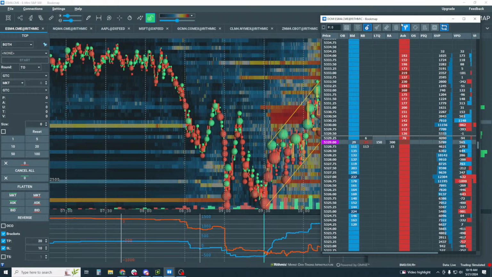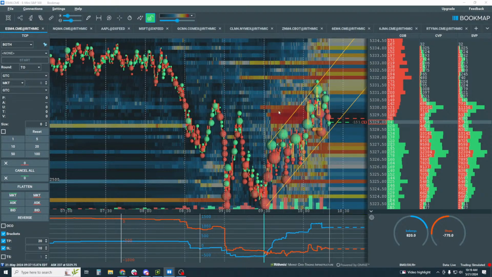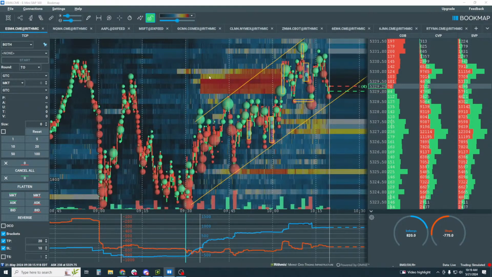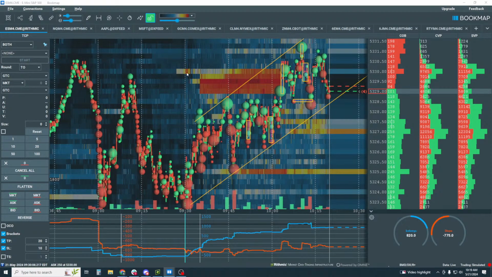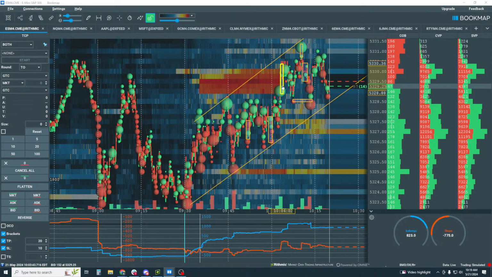But what Bookmap is showing you is being able to see this wall of liquidity, for example. It really slowed down price. And how long were these guys in the order book? These players, when did they come in? Did they add as price was coming up toward them?